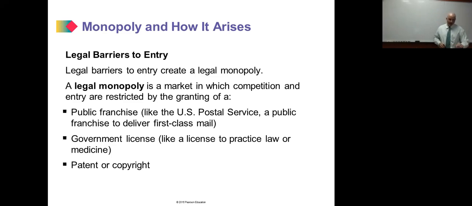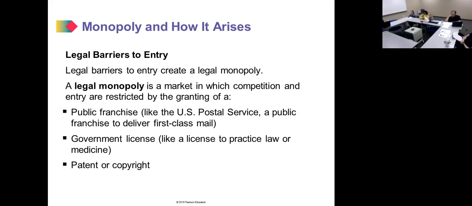Finally, a patent or a copyright. What's a patent? A lot of times these get confused. So what's a patent? Ownership of a good. So you have exclusive ownership to a product or service. A copyright is owning a specific title, label, logo.